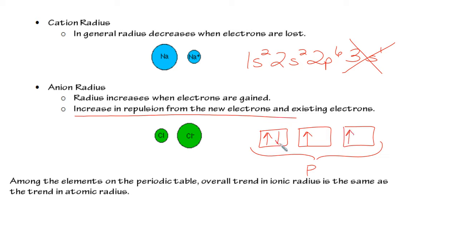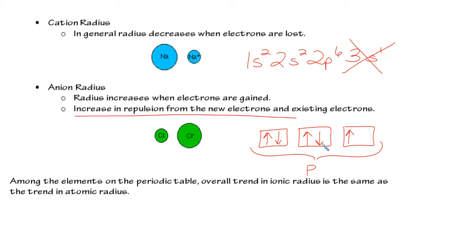A chlorine atom might look like this. It would have 2 electrons in the outermost s orbital, and then there'd be 5 electrons in the p orbitals. We always said that electrons like to have their own orbitals if possible. Now that's not always possible. Sometimes you do have to pair them, but they don't like to be paired because like charges repel.